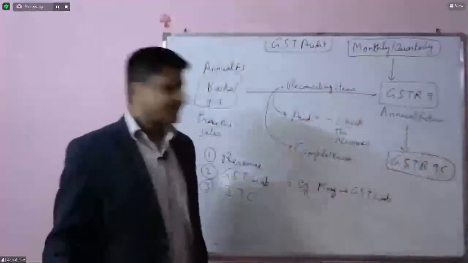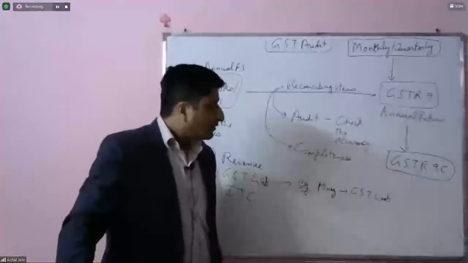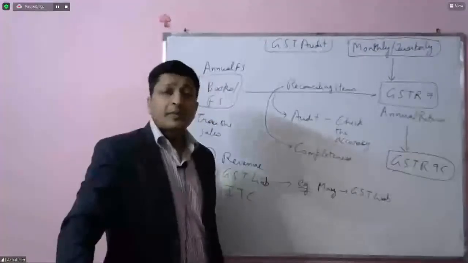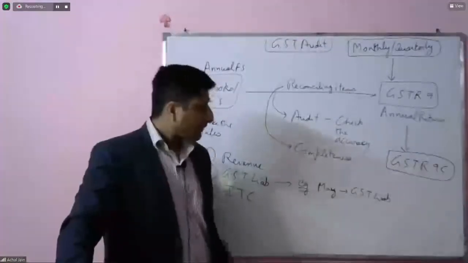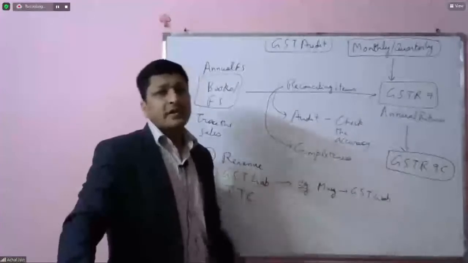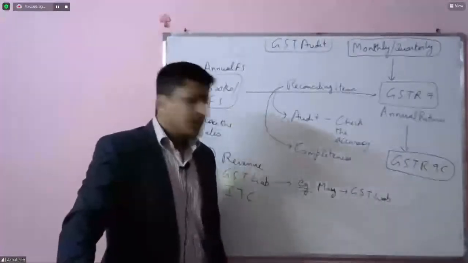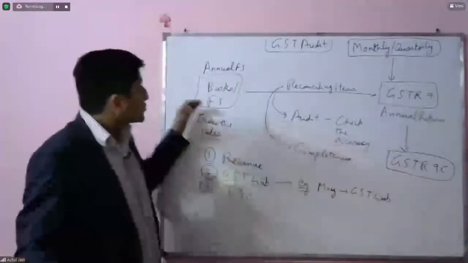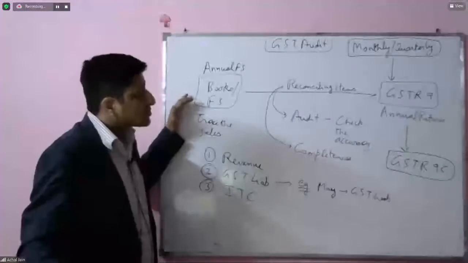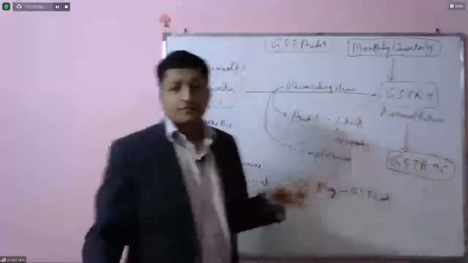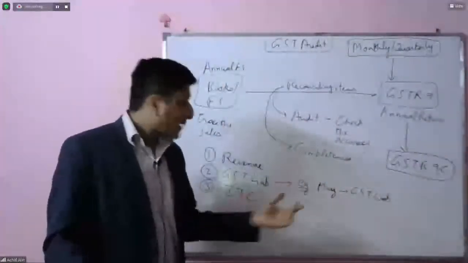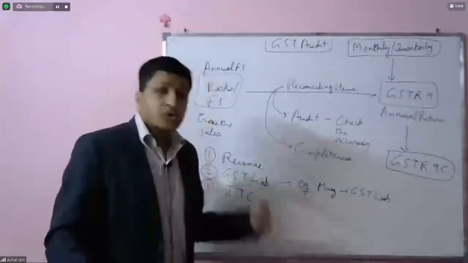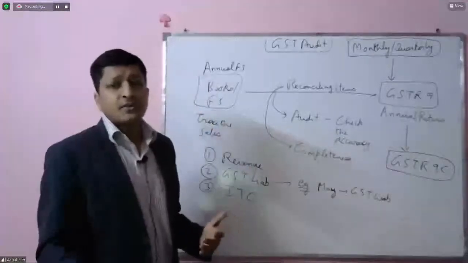This was paid late. Now, when this was paid late, interest or penalty should have been paid, but no interest or penalty was paid on that. Now, in this situation, when it comes to reconciliation of books with this annual return, will this reconciliation capture this aspect? No. But should this be the responsibility of the GST auditor to check this?